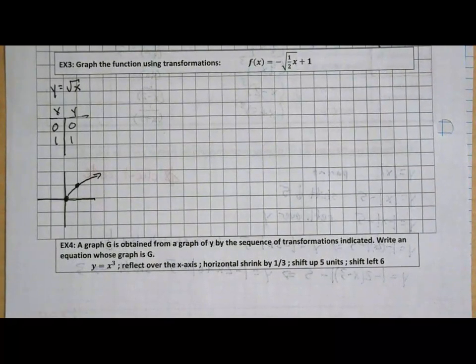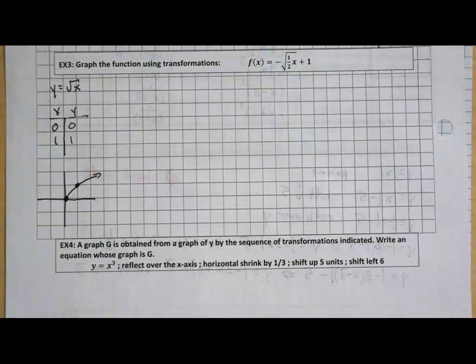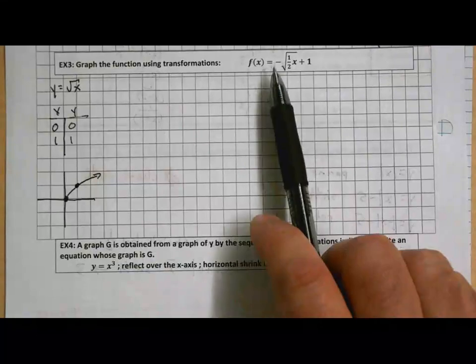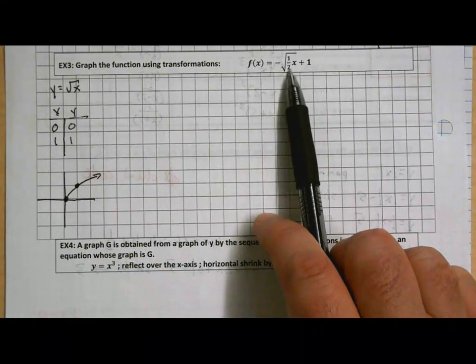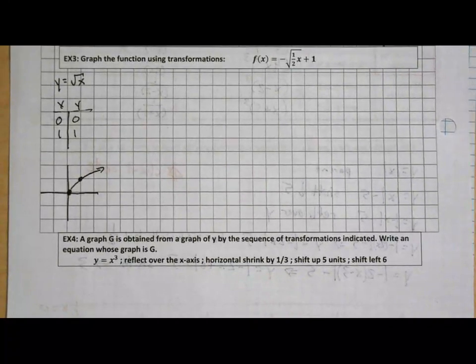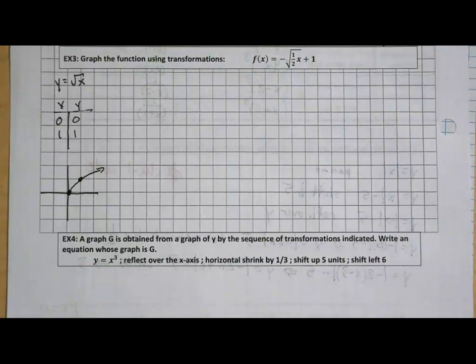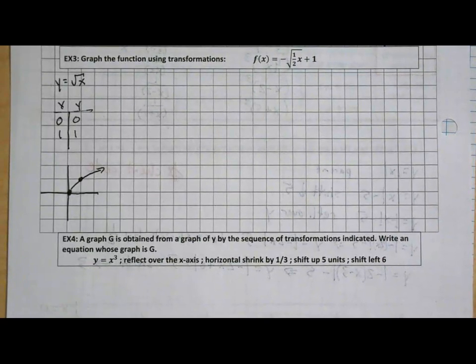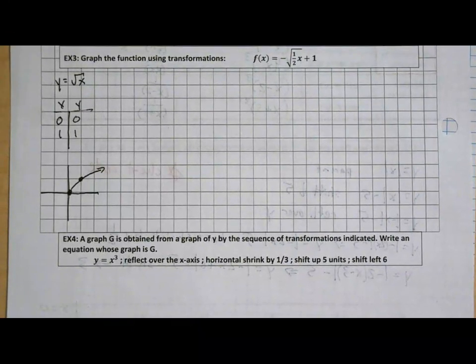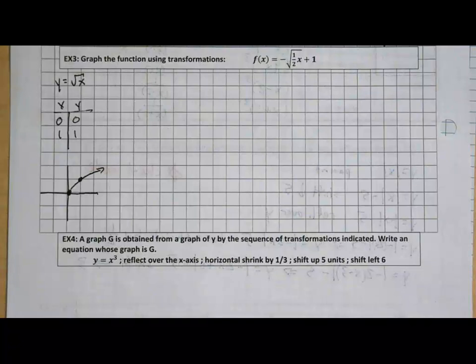When you're looking at that equation, how many transformations are you seeing there? You're seeing 3? I'm seeing a negative, something multiplying, something added. I'm counting 3 as well. How many of those transformations are on the outside? You seeing 2 on the outside, the negative and the 1/2? Okay, so those 2 are the only ones that we need to worry about doing in a particular order.